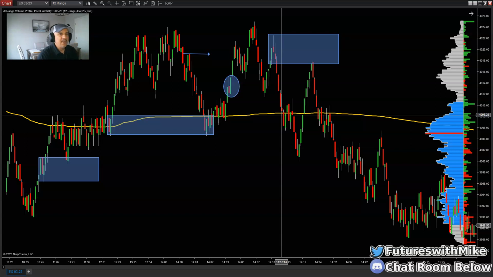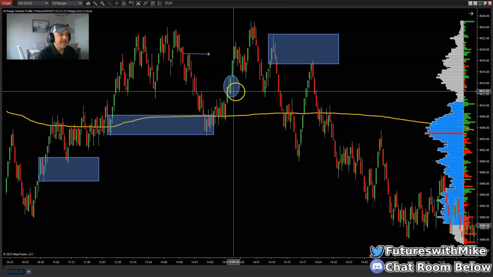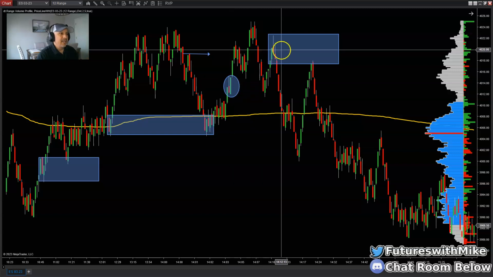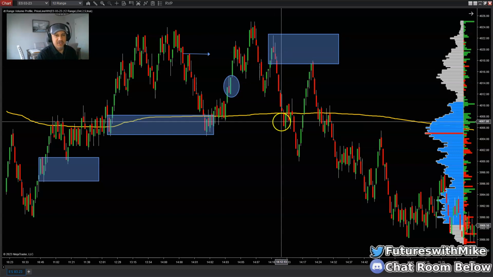That is created by the big players, the people who inject hundreds of millions of dollars into the market. So as they make this big move to the downside, they're breaking through what was once demand, right here, which now creates an area of supply. Aggressive selling we do have.